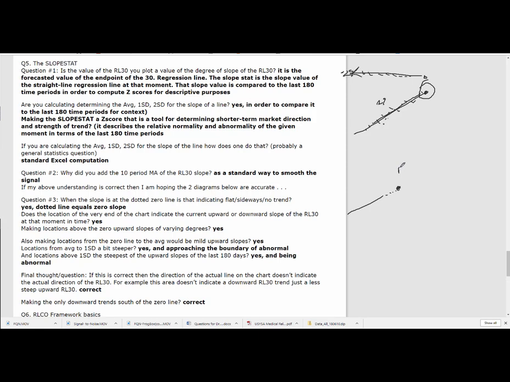And then the actual price may be up here or down here, so you have some amount of error. But it's this location in the 0 time window, in the 0 look back, which is where that RL30 is drawn.